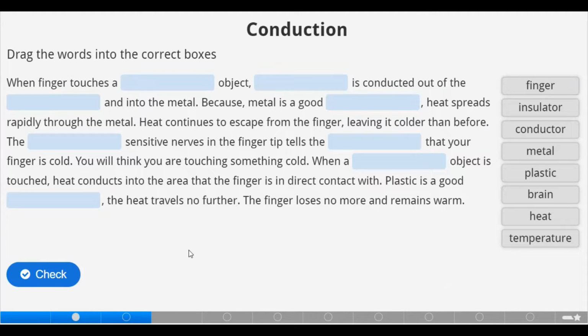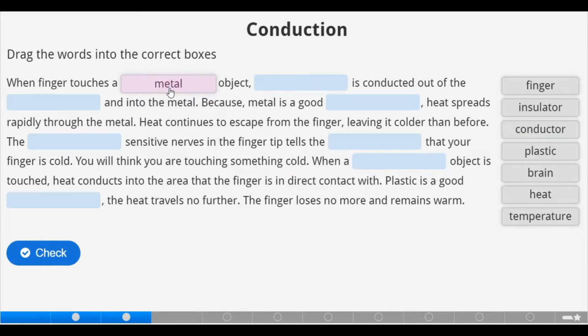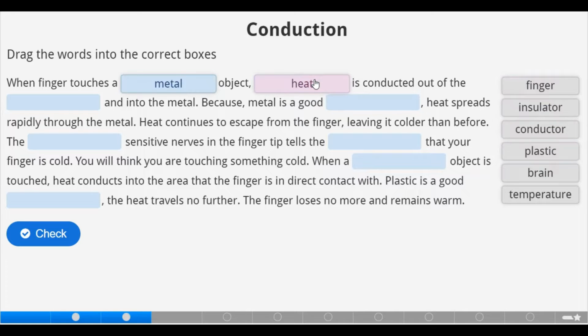Now let's deal with conduction. We are also to drag the following words that you can see on the right into the correct boxes. When fingers touch a metal object, heat is conducted out of the finger and into the what?